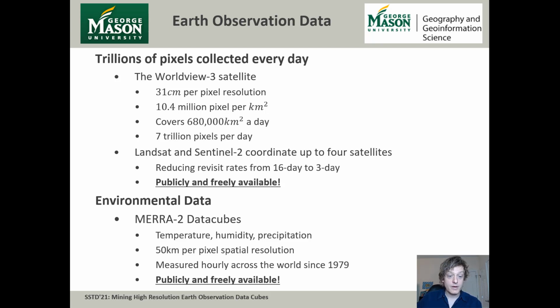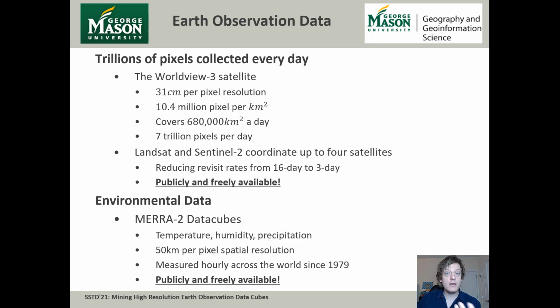For example, there are the MERRA-2 data cubes, which do not contain visual images. They contain temperature, humidity, precipitation, and many other environmental factors, which are measured at 50 kilometer per pixel resolution, but have been measured across the world hourly since 1979. And again, this data is also publicly and freely available.